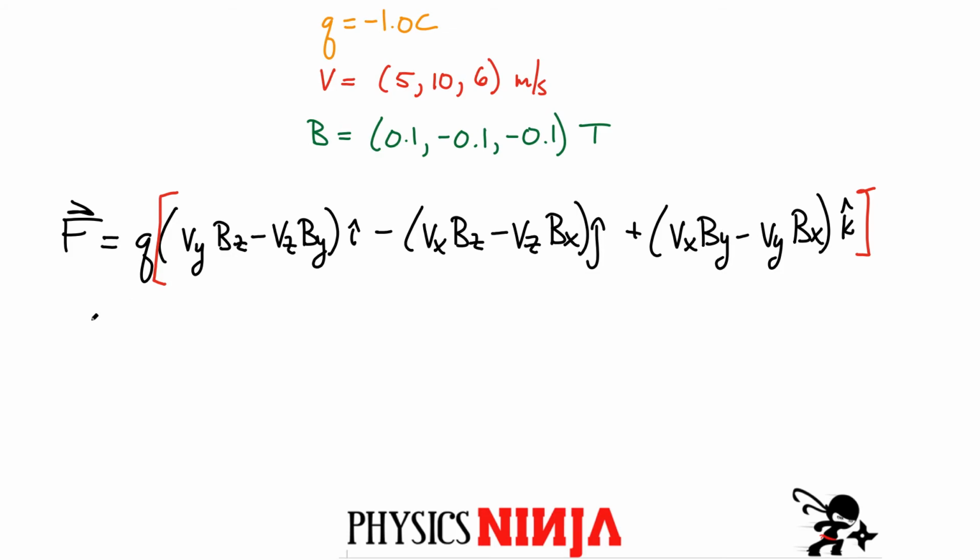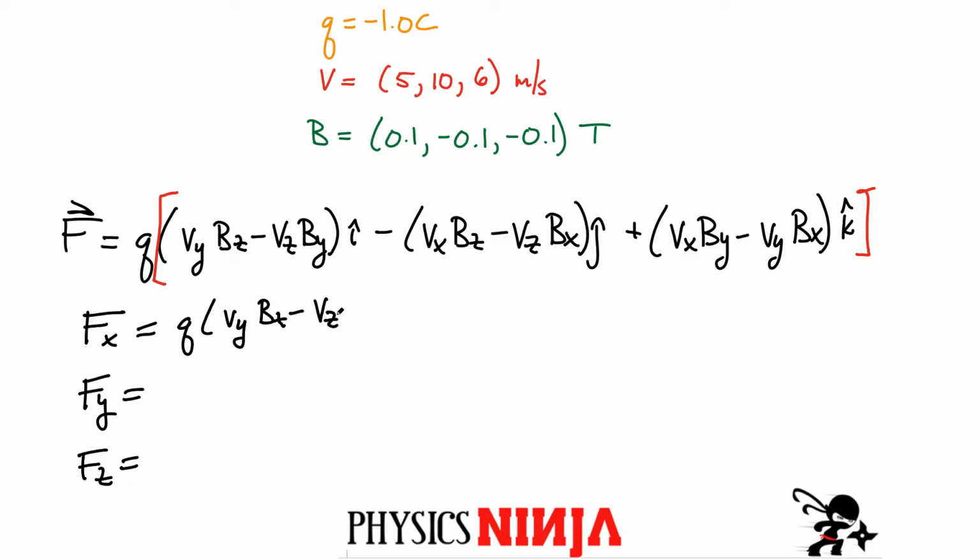So let's first evaluate the different components here. I'm just going to break it down into the different components of my force to make it easier. The first term gives me my X component, so it looks like this: VyBz minus VzBy. Now you just substitute the values, right?